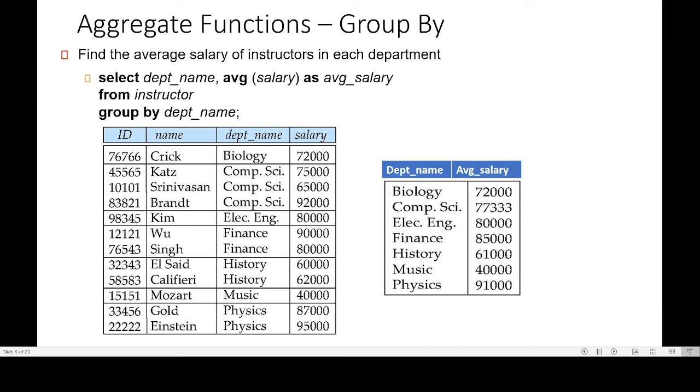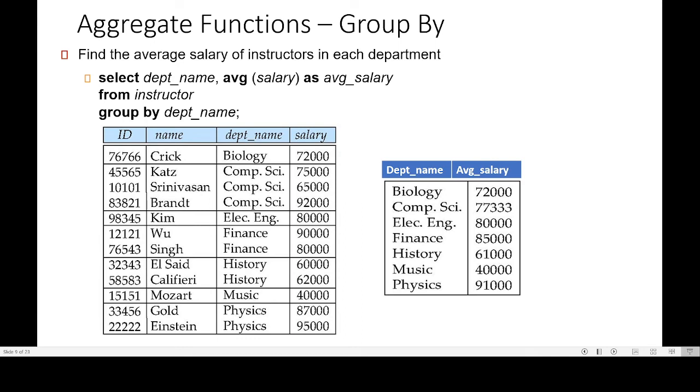Under department name we see many departments: biology, computer science, electrical engineering, finance, history, music, physics. For each department we have to take the average salary of the instructors teaching in that particular department.